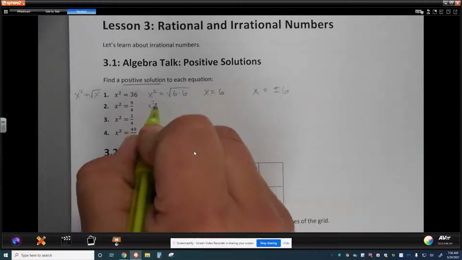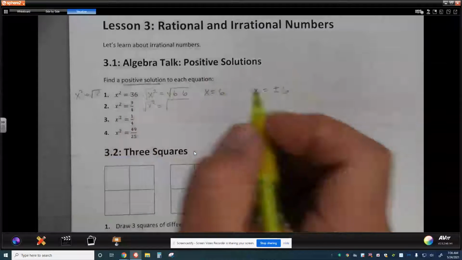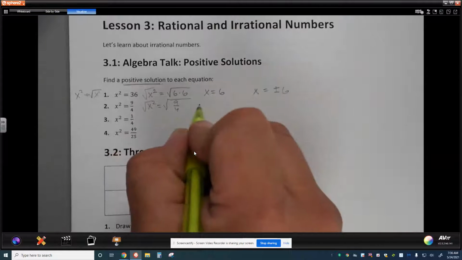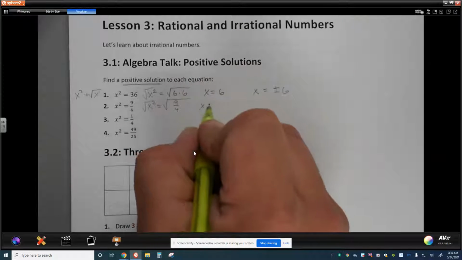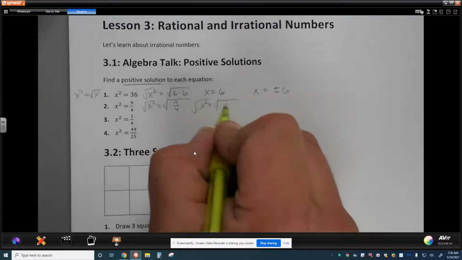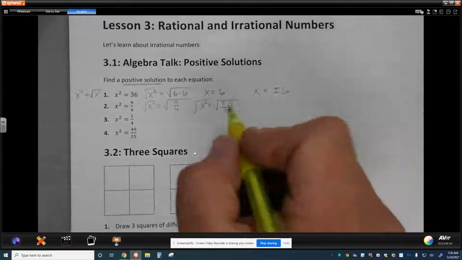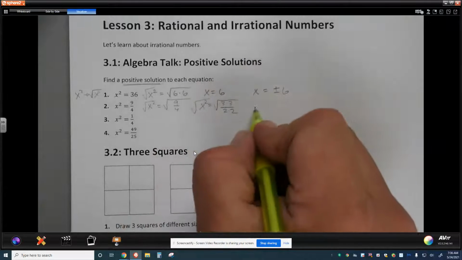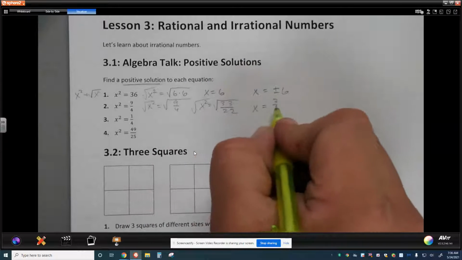So x squared is equal to 9/4, which we can look at as 3 times 3 divided by 2 times 2. The square root of 9 is 3 and the square root of 4 is 2, and so x is equal to 3/2.